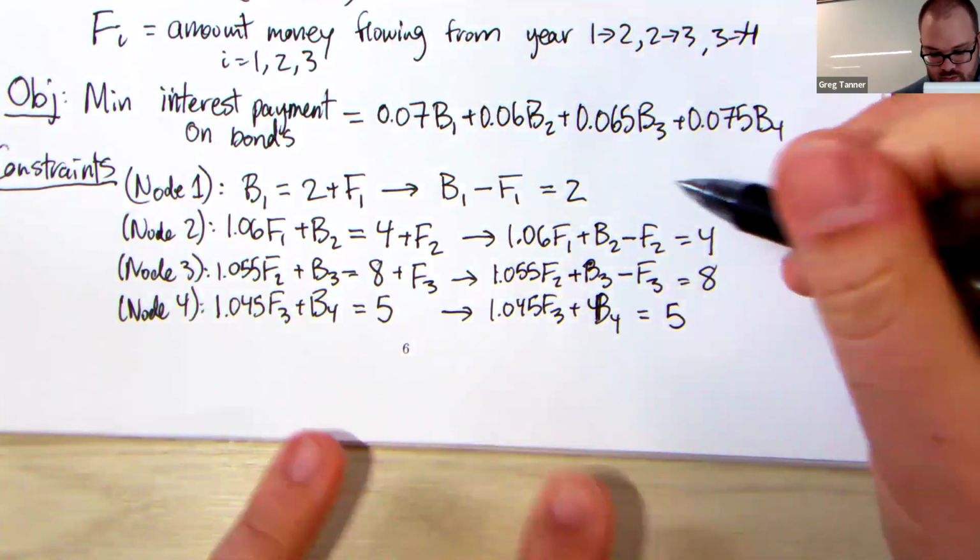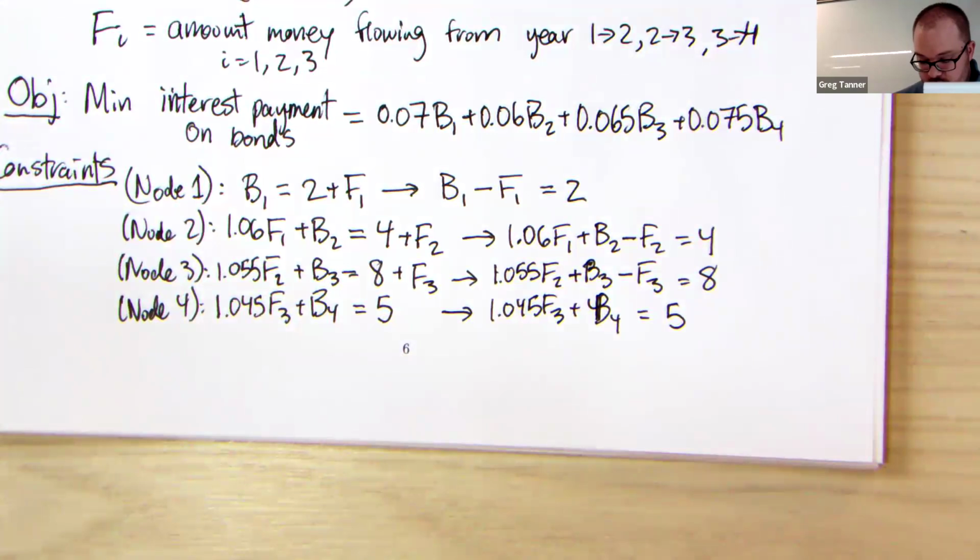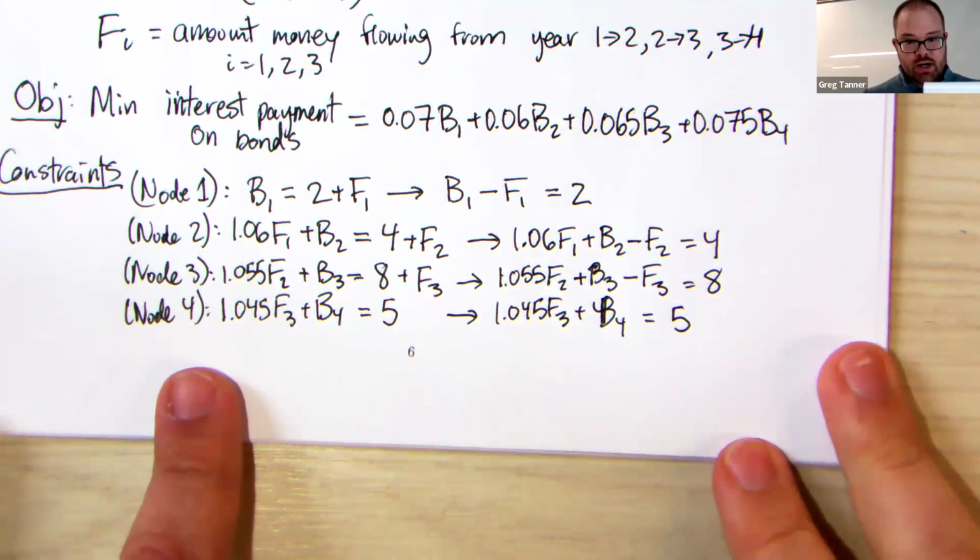Okay, and so here's our 4 constraints. In addition to those constraints, we'd have positivity constraints or non-negativity constraints. We wouldn't have to worry about integer constraints for this problem.